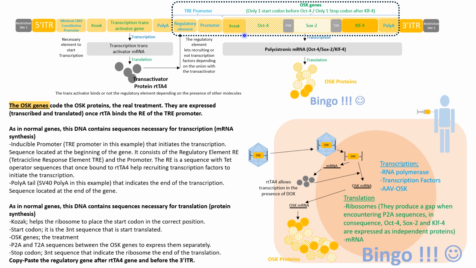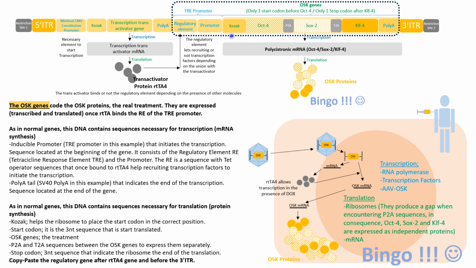And we will have a stop codon at the end of the sequence, before the poly-A and after the KLF4. So the end of the translation will be the stop codon.